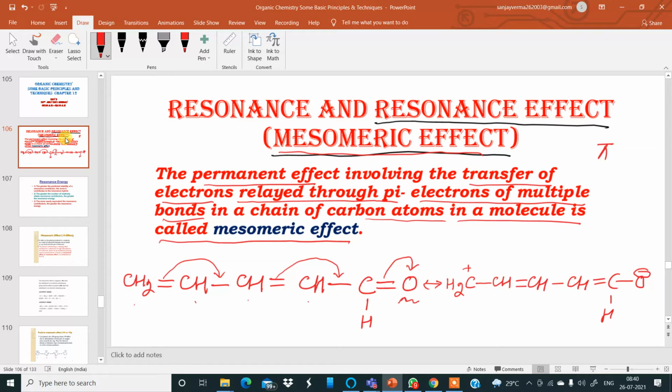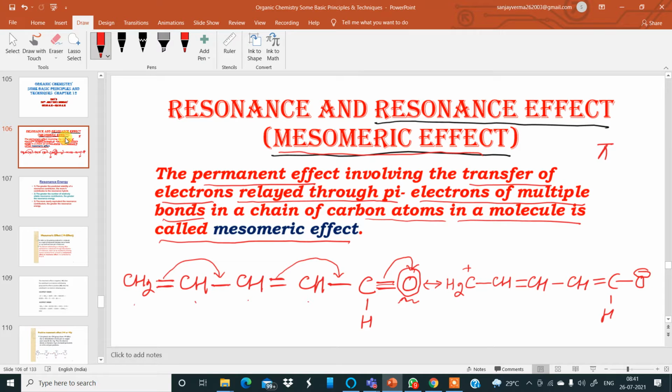When an electron withdrawing or electron pumping group is in conjugation, double bond, single bond, double bond, single bond, double bond, this is called conjugation of the pi bond. Then, when an atom or group having at least one lone pair of electrons is in conjugation with a pi bond, that time also this is possible.